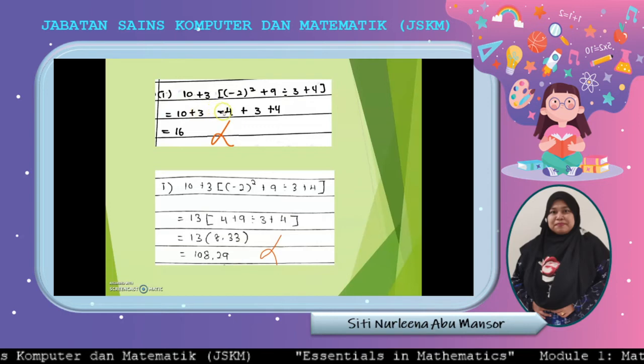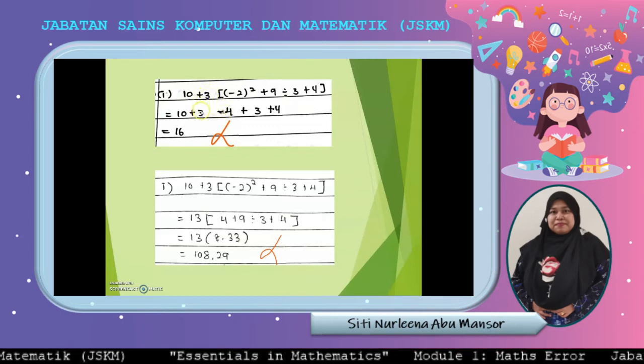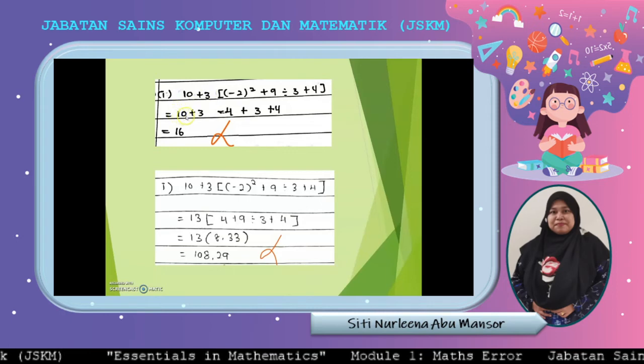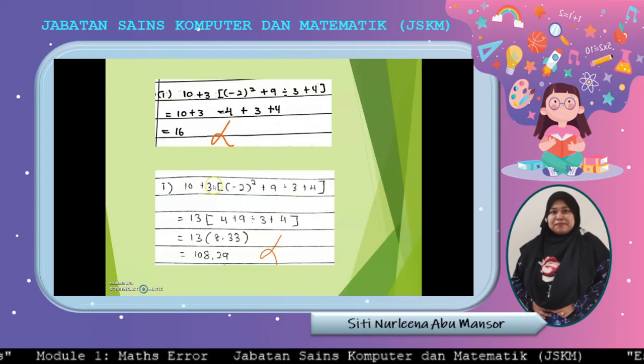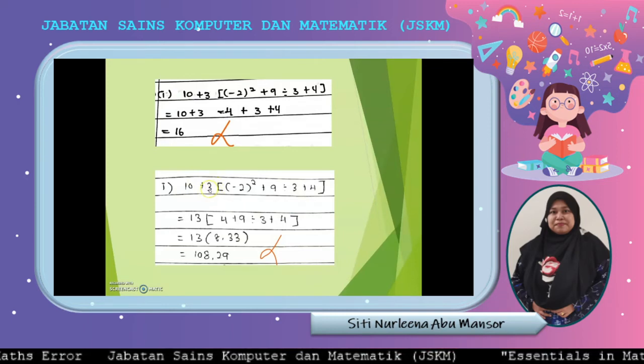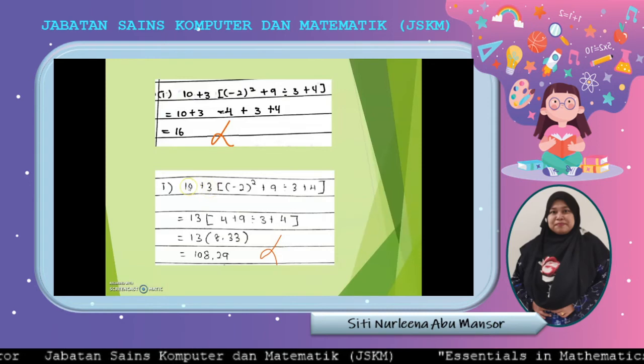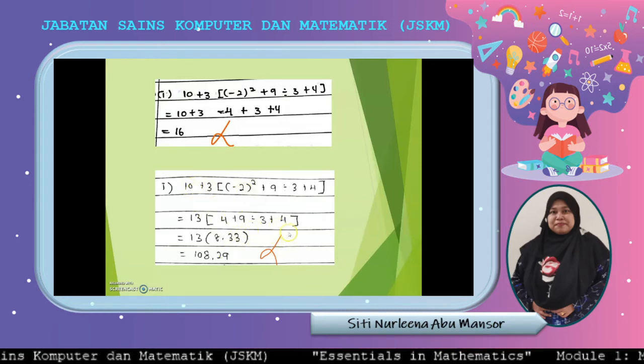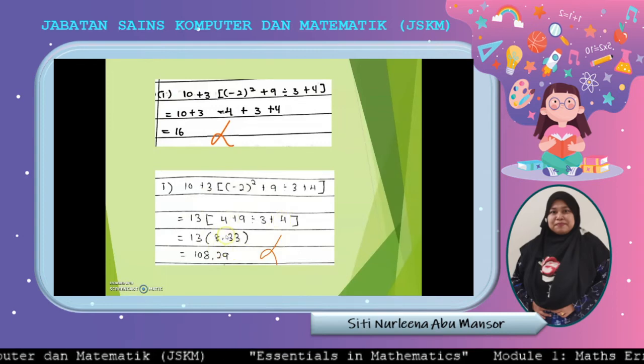This equation should be multiplied with 3 before we add it with 10. And in the second example, the student added the front of the equation first, but this is wrong. You have to multiply first with 3, then add 10. So this student also got this answer wrong.